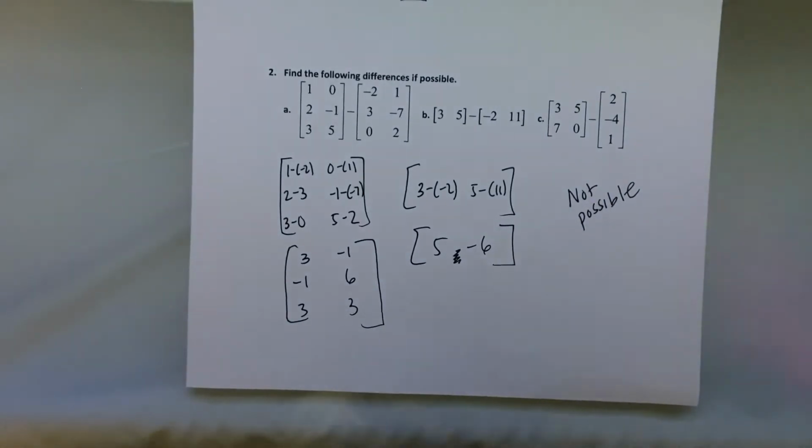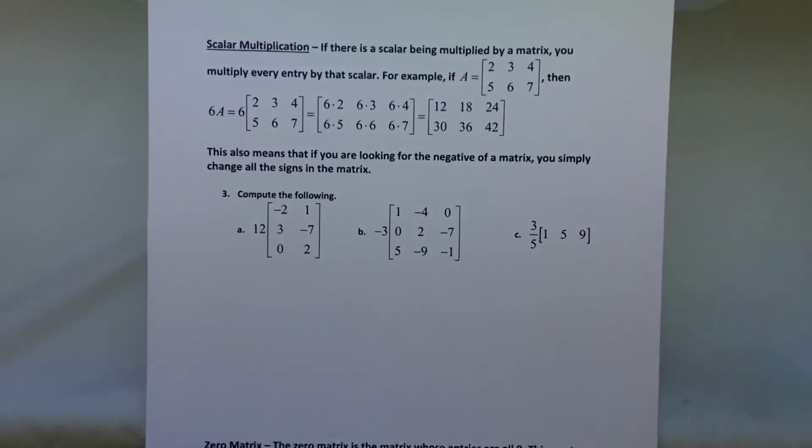Now, in addition to adding and subtracting matrices, we have multiplying a matrix by a scalar. For scalar multiplication, if A is a matrix and you wanted to multiply, say, 6 times A, you simply multiply every element in A by the number in front. So that would take the 2, 3, 4, 5, 6, 7 and multiply them all by 6.